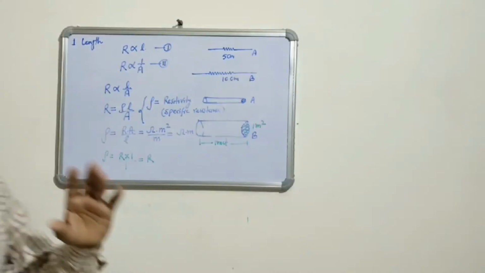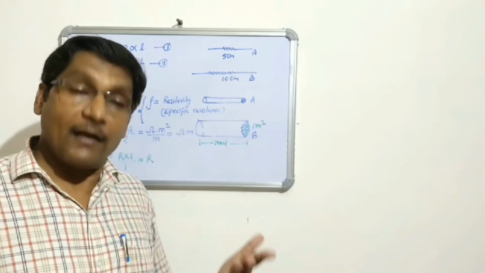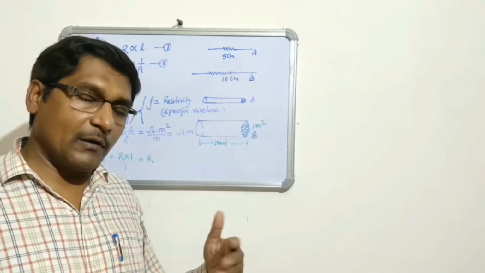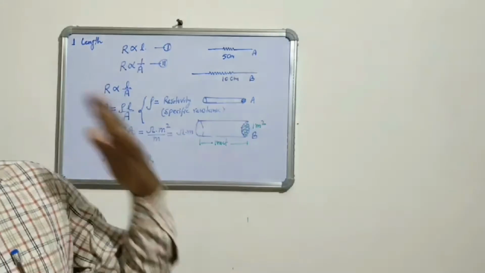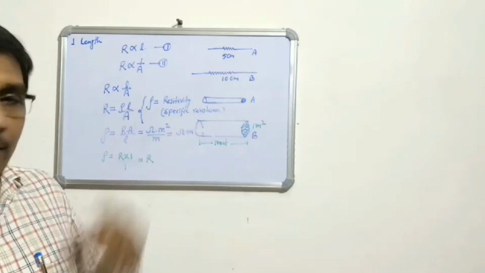And those materials that have very high resistivity are considered insulators, like plastic and wood. So they are classified as insulators.